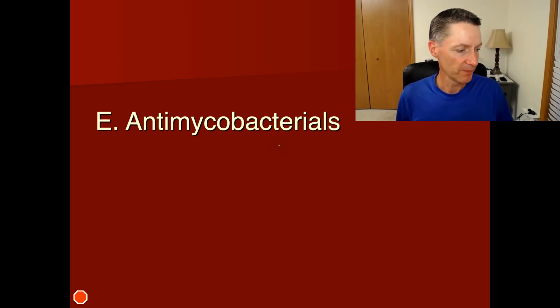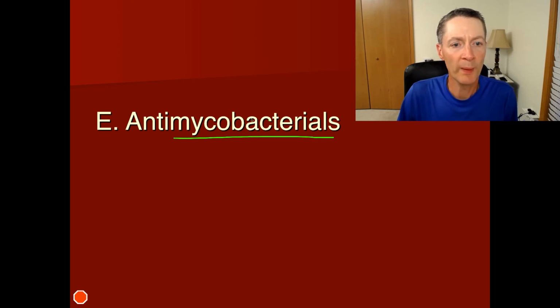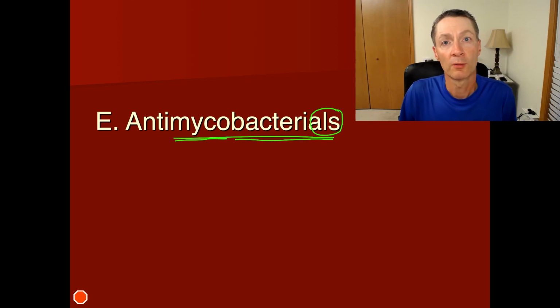Okay, finally, our fifth subgroup within the cell wall category are antimycobacterials. Now, I'd like you to just spend a second here. And anti, we know what that means. It's against, right? But mycobacterial. What if we said mycobacterium and stuck tuberculosis after that? Okay?